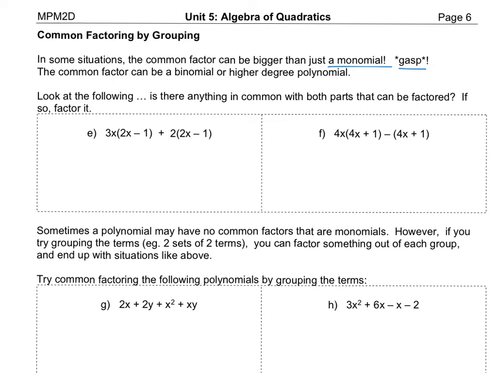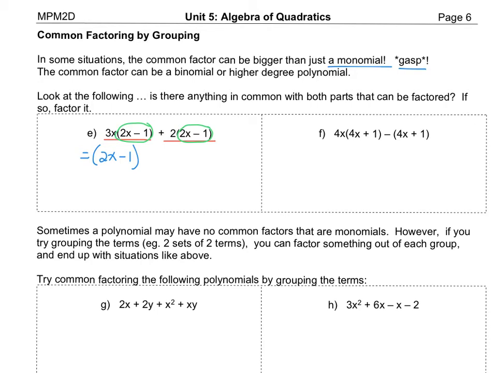So if I look at my 3x times 2x minus 1 and then a plus 2 times 2x minus 1, you should see that both of these have a 2x minus 1 in common. So what we're going to do is common factor 2x minus 1 out of the two terms we have there.